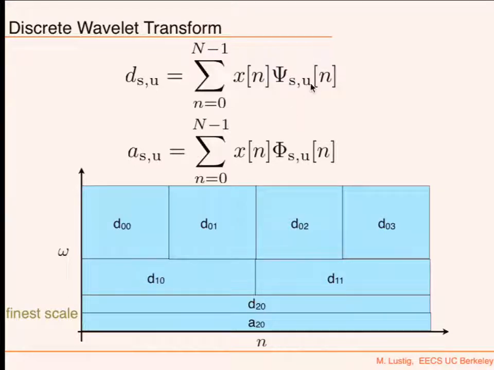And U is where it is located in the time space. So U is that coefficient. So D of S sub U, and then we also have A of S sub U. So a decomposition is going to look like this.